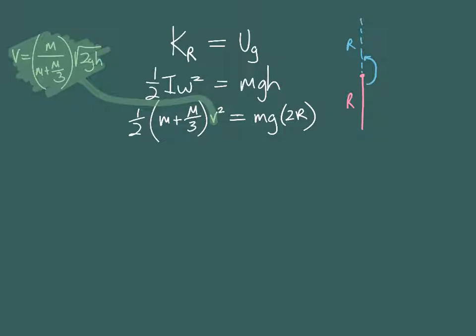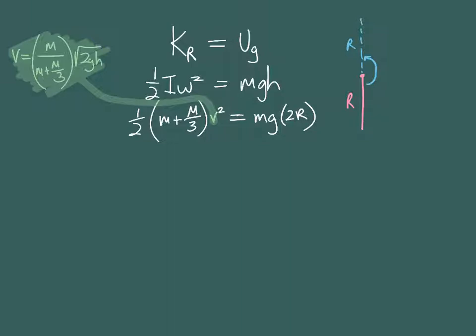Okay. Yay, team. That's going to be fun for the whole family. So what is that going to look like? Well, if I square the square rooted part, I just get a 2gh. Okay? So that'll be nice.